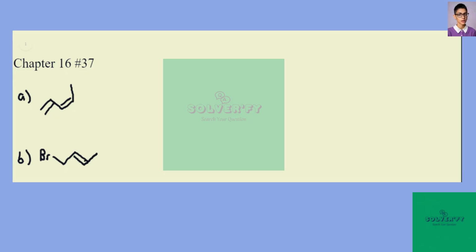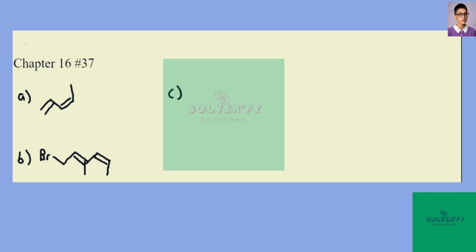So let's draw that. So there's our 3-methyl. And then 4Z. So to make it Z, it's going to have to look like that. Okay, and so there we go. That is the answer to B.